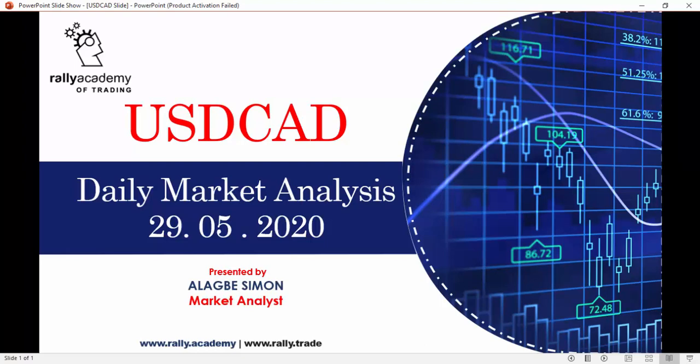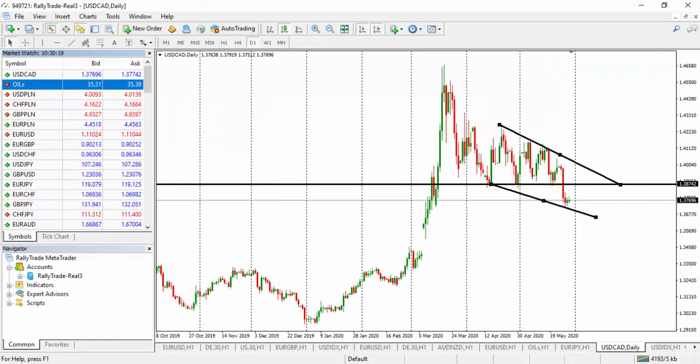Today, the 29th day of May in the year 2020, we would be looking out for trading opportunity on USDCAD. This is USDCAD on the daily charts, and just as we've observed for some time now, the instrument broke to the downside of this descending triangle three days ago, and with that break to the downside, a new trend line was drawn to be able to capture that move.